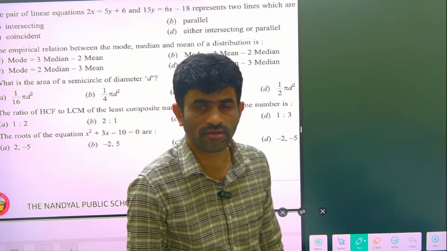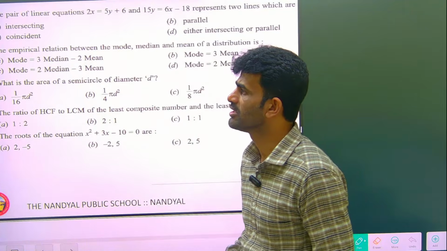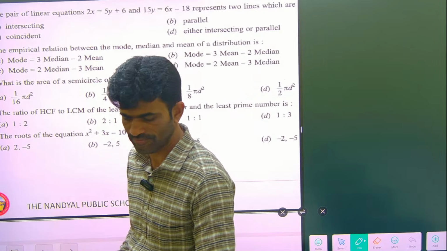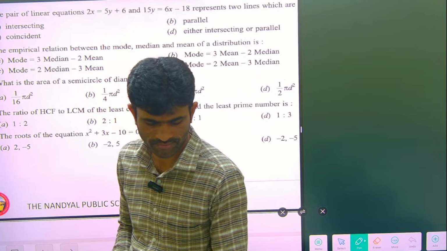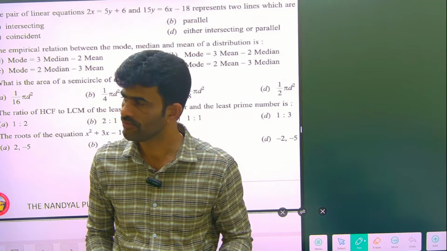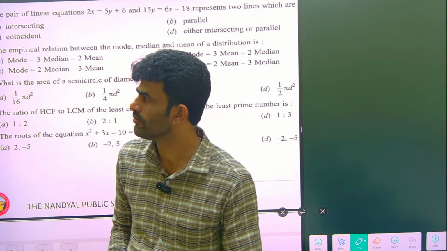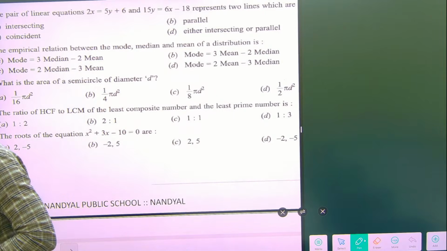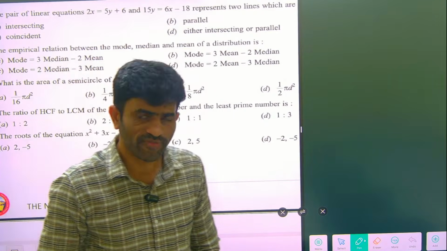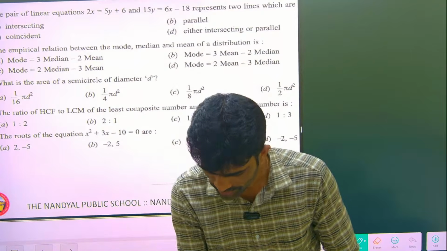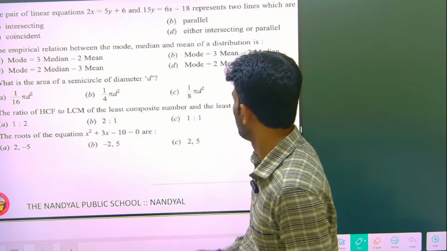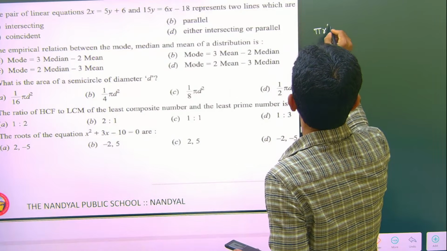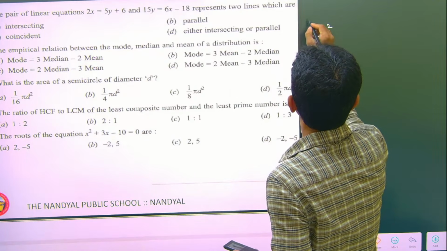If diameter is given, how do we find the area of a semicircle? We know the area of a semicircle is pi r square by 2. This is question number 3.